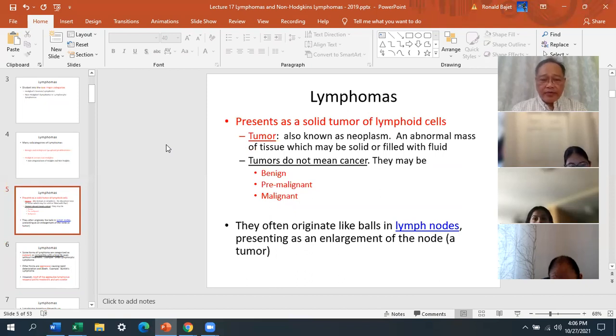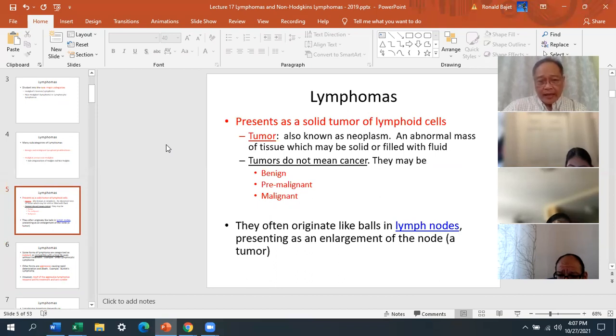And then a little definition here, tumor, just for a clarification on tumor. Lymphomas will present as a solid tumor of lymphoid cells. It presents like a nodule or a bump. Okay, so by definition, a tumor is known as a neoplasm, and it's basically an abnormal mass of tissue which may be solid or filled with fluid.